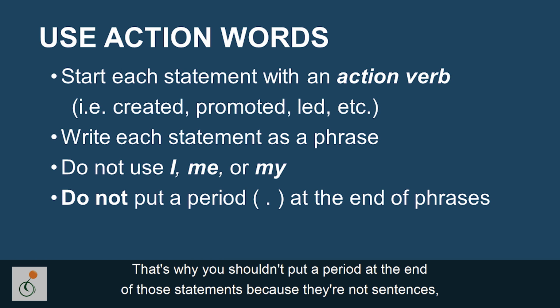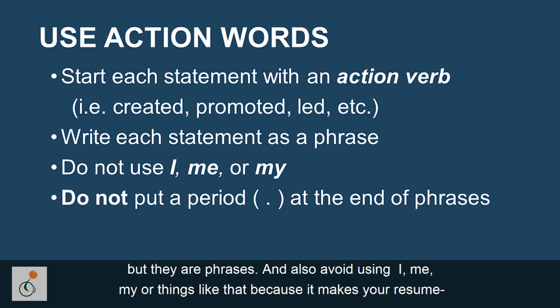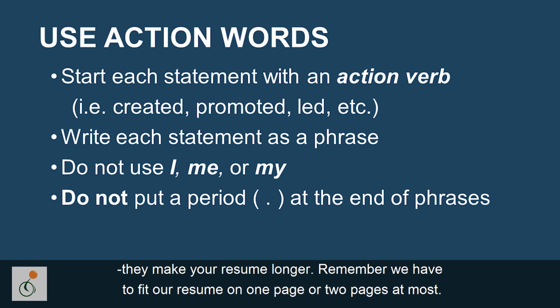That's why you shouldn't put a period at the end of those statements, because they're not sentences, but they are phrases. Also avoid using I, me, mine, or things like that, because they make your resume longer. Remember, we have to fit our resume on one page or 2 pages at most.